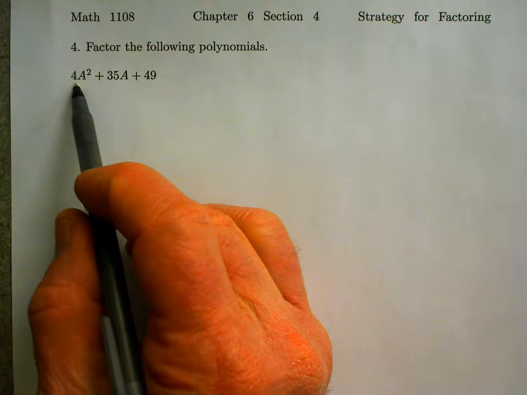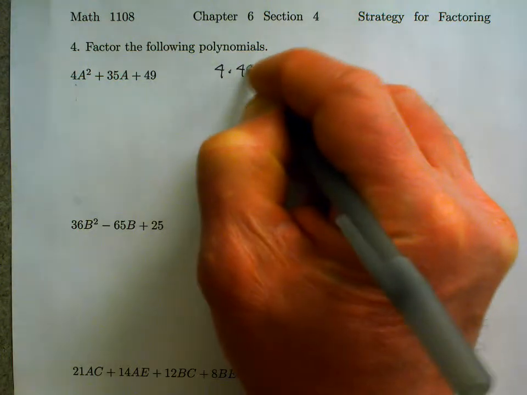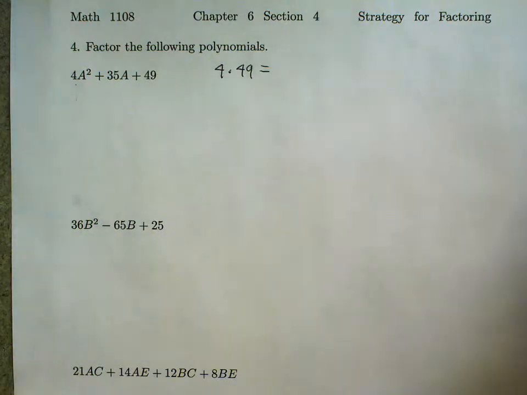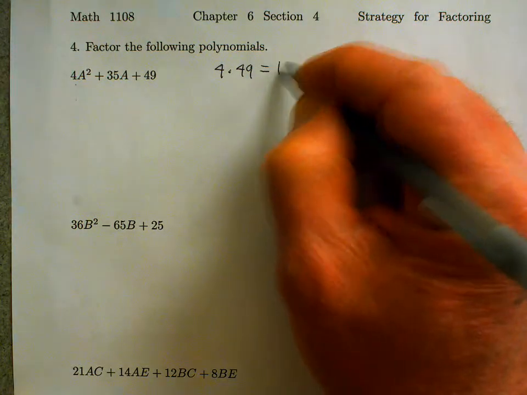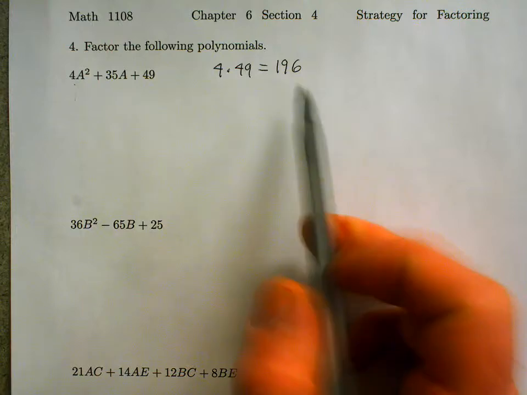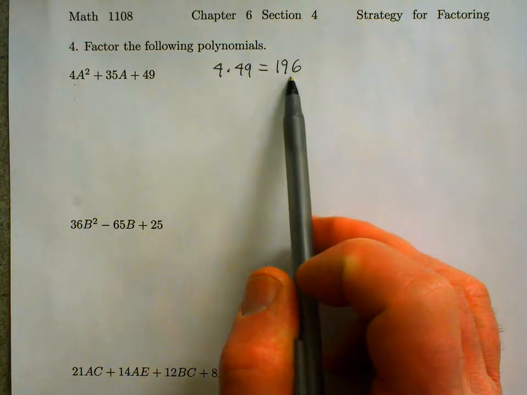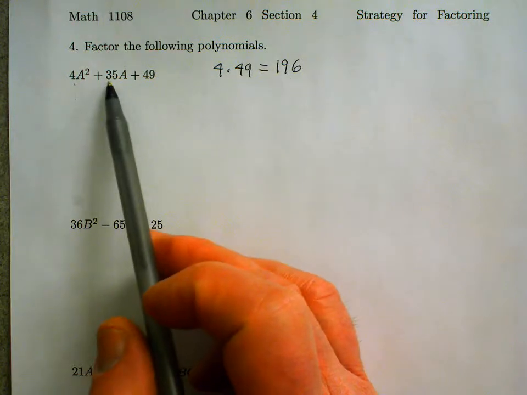So using the AC method, we multiply 4 times 49, which is 196. And we want to see if we can find two integers that have a product of 196 and a sum of 35.